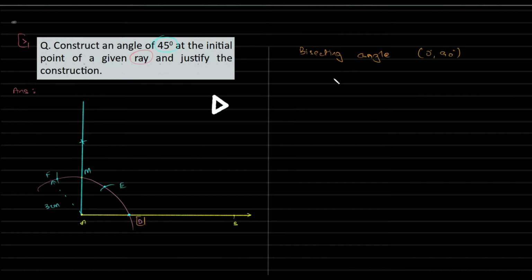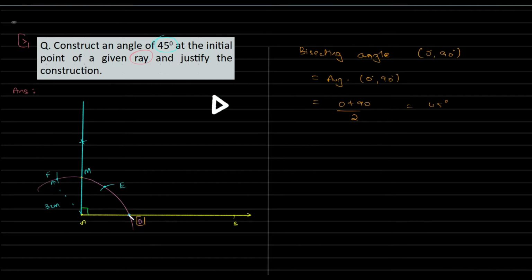If we bisect this, that is, if we take the average of 0° and 90°, 0 plus 90 by 2, which is 45°. So if I bisect M and D, the angle MAD, we'll get 45°.